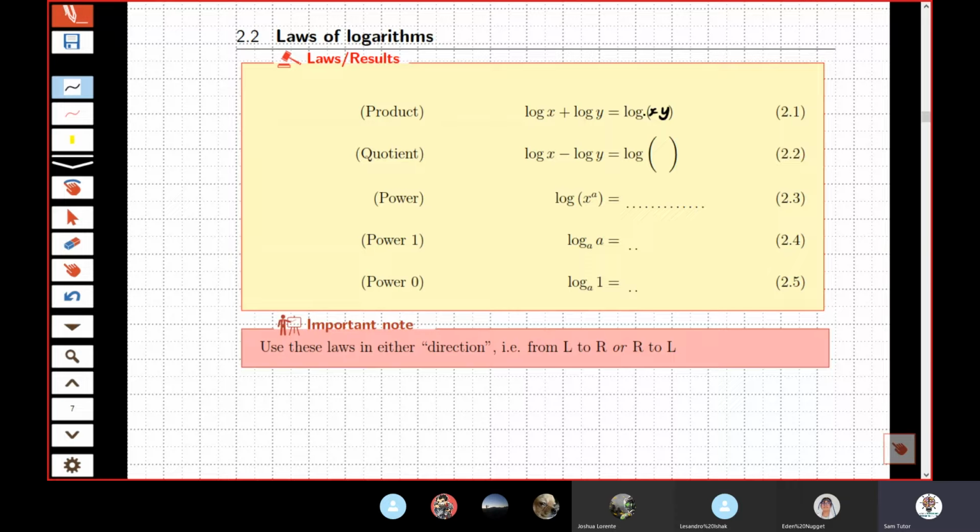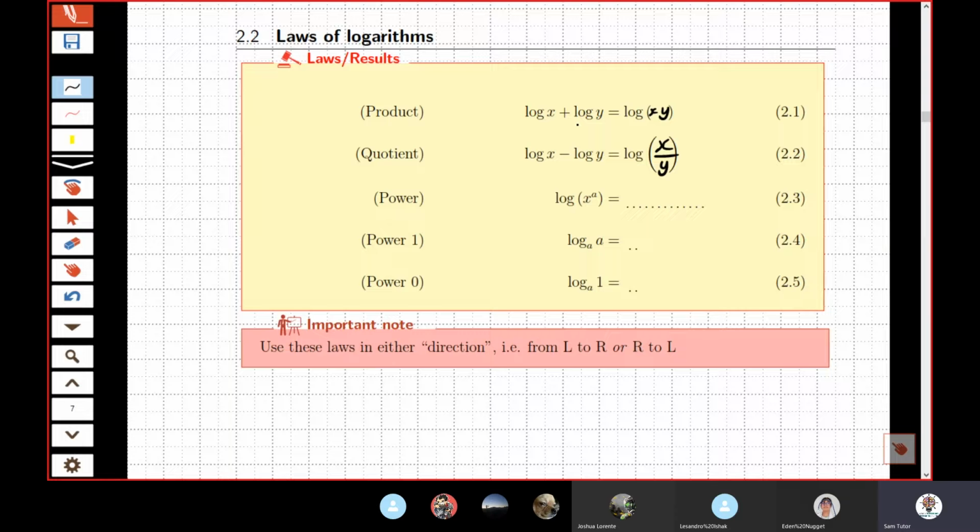Or if I've got log of two things that are multiplied, it's the same as saying, let's add two logs. Same thing when you subtract. Log x take away log y becomes, of course, log x on y.